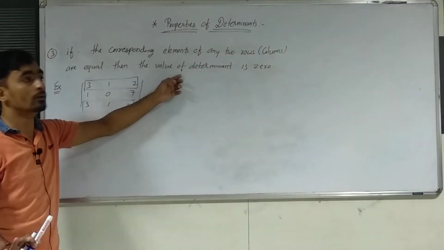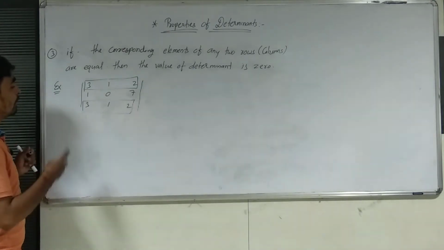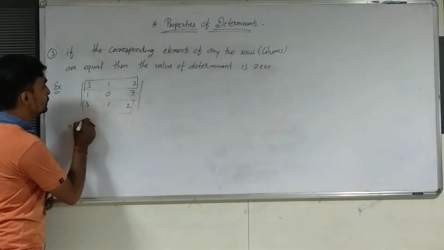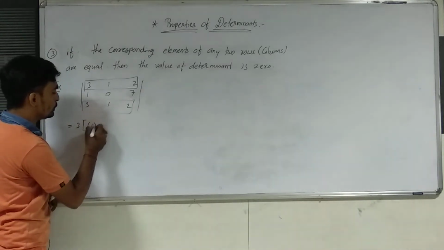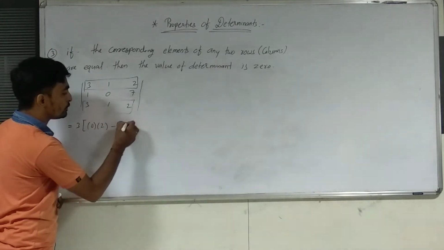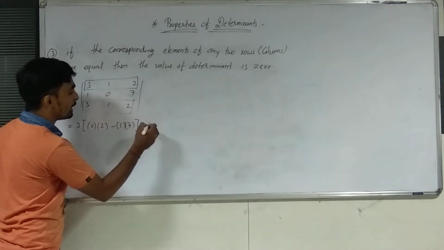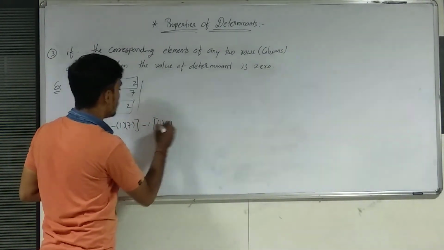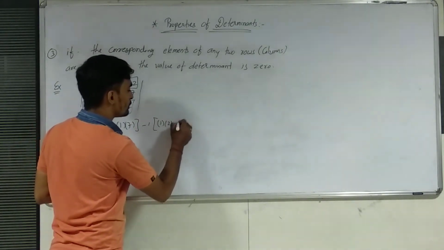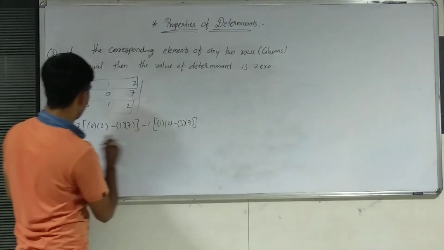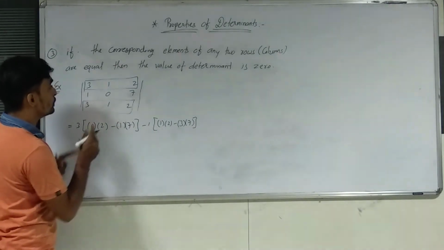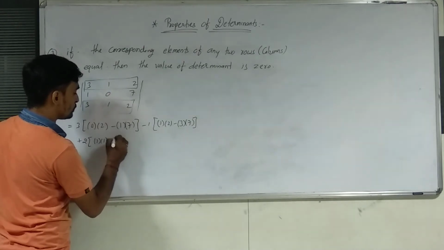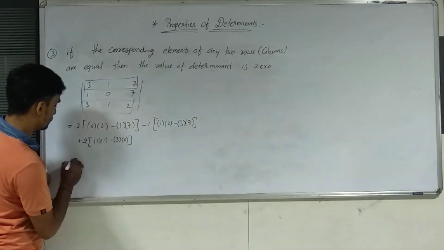Let us check by our simple method: 3 into (0 into 2 minus 1 into 7), minus 1 into (1 into 2 minus 3 into 7), plus 2 into (1 into 1 minus 3 into 0).